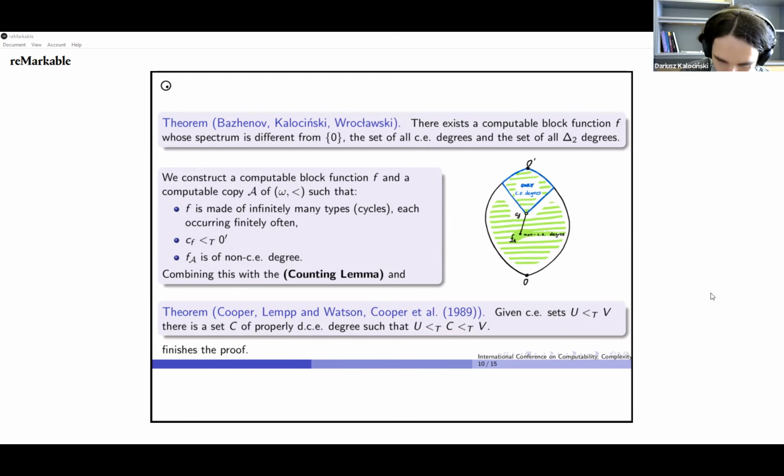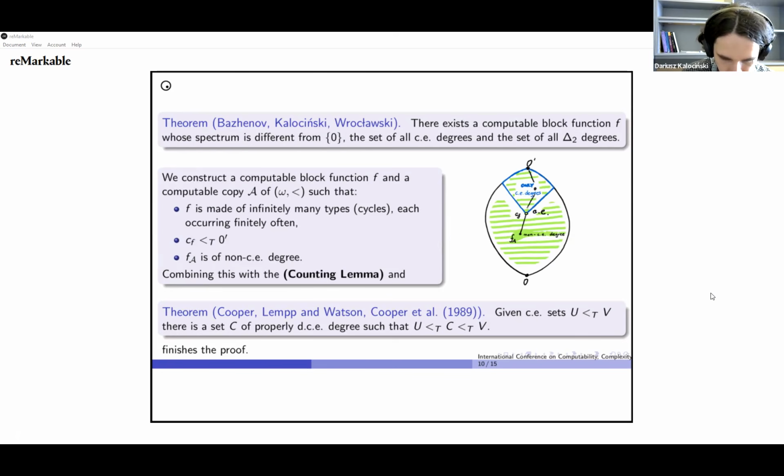So we have to look here, and so CF is of C degree, right? So this is a C degree. But this is also a C degree. So the theorem by Cooper, Lamb, and Watson says that we have a properly DC degree somewhere here.